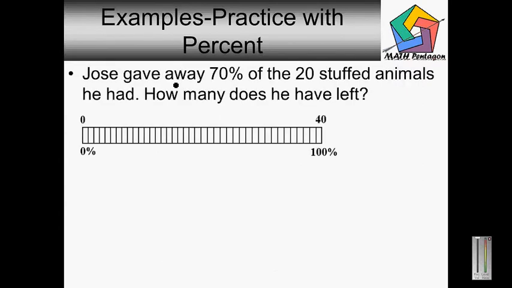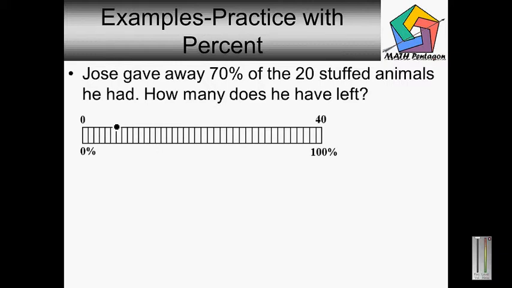Okay, here Jose gave away 70% of the 20 stuffed animals he had. How many does he have left? So we have this little chart right here to help us out. So Jose gave away 70%. So 100% minus 70% is basically 30.